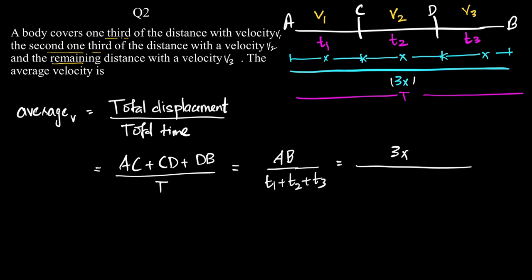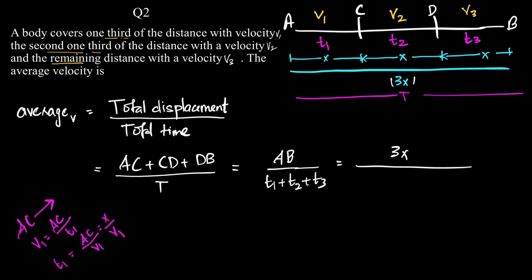What is t1? For the motion along AC, v1 is basically equal to the displacement, that is AC, upon time, that is t1. So t1 is basically equal to AC upon v1. AC we have taken as x, so this will be x upon v1.